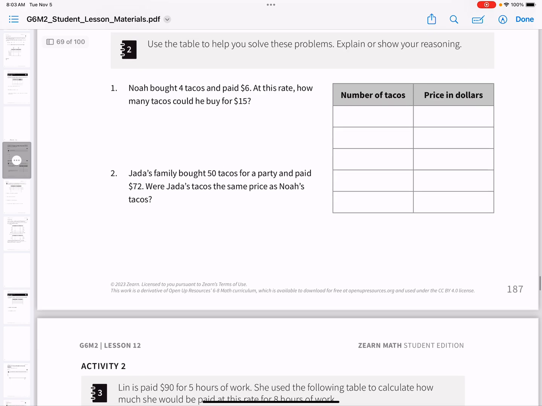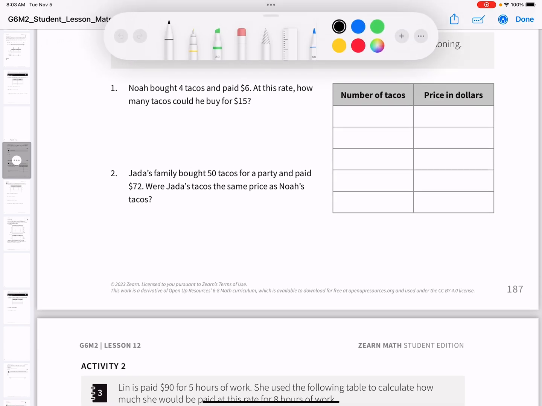So 4 tacos and $6, 1 taco and $1.50. So that's times 10, which would be $15. So 1 times 10 is 10. So he could buy 10 tacos.